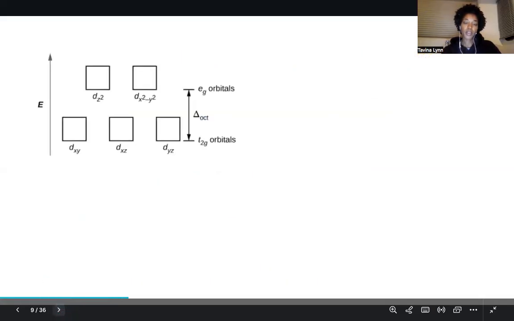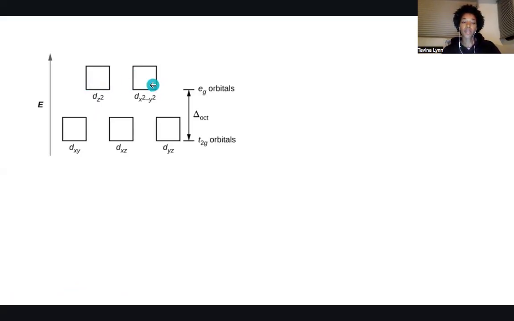So here is an energy diagram for how these d orbitals split. This is what's called crystal field splitting. Notice those two orbitals where the ligand is pointing directly towards the metal's d lobes are higher in energy.